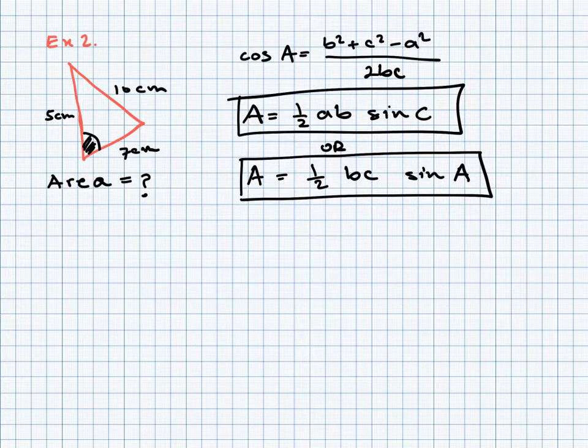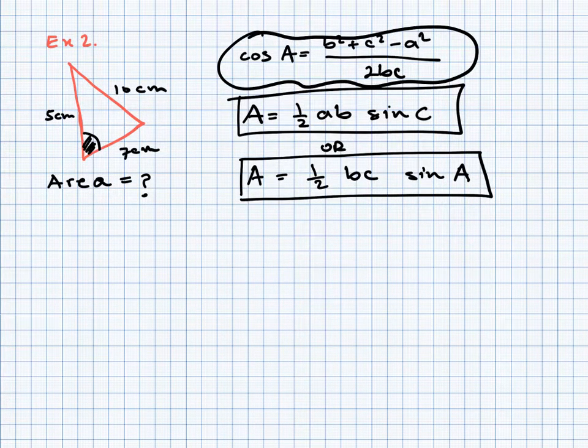We don't have any angle given. So what we're going to do is use the cosine rule to find an angle. As you can see here, I have cos of A, and here's the formula. This is the formula to find an angle. Let me label this. Cos of A, so I'm looking to find this angle.